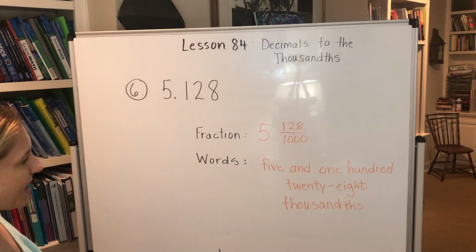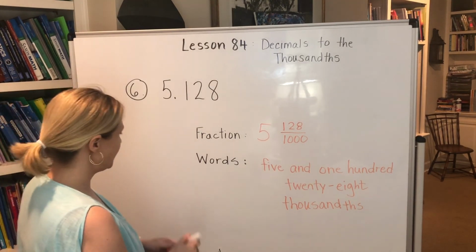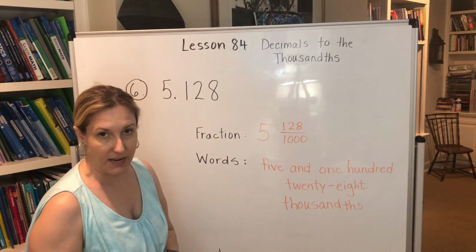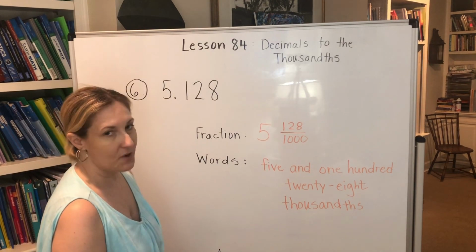Okay, 5 and 128 thousandths. Now, you try to do 7 and 8 on your own and see if you can get it right, okay?